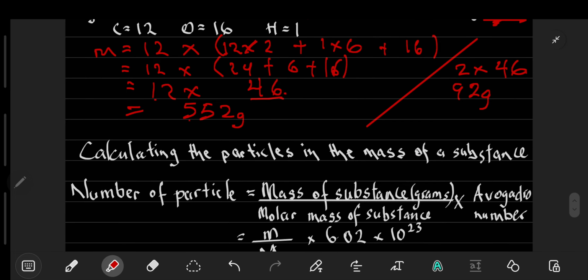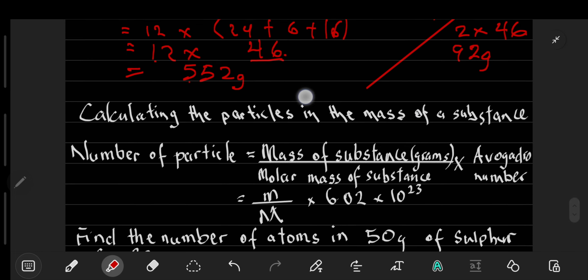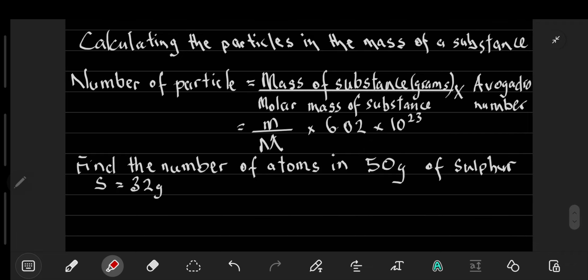Now let's move on to how we can calculate the particles in the mass of a substance. So how do we know the number of particles we have in a substance? The number of particles, this is N with a subscript of capital A, which stands for Avogadro's number, will be equal to the mass divided by the molar mass.